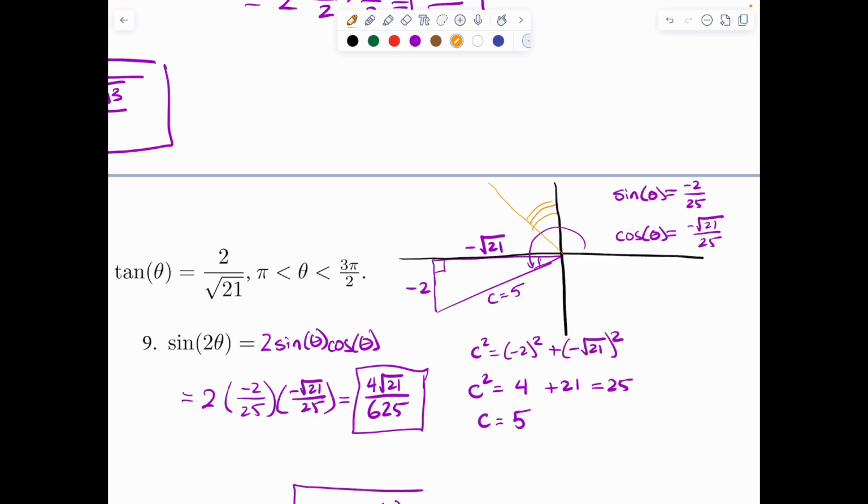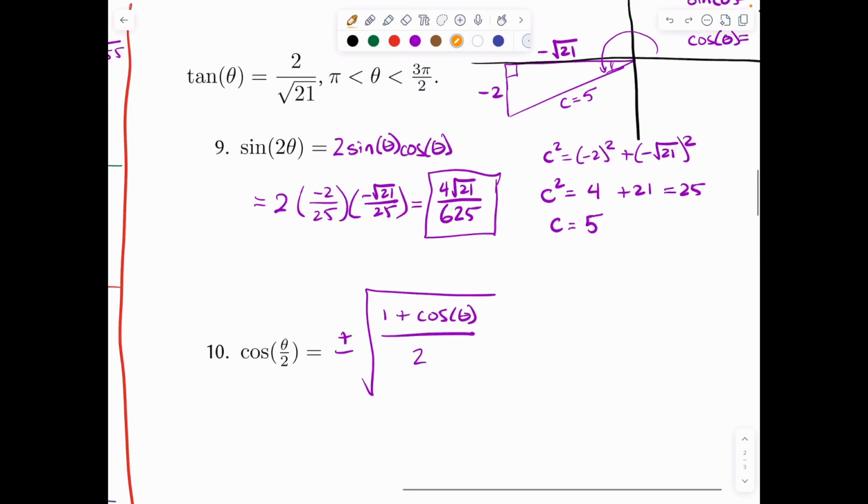You see, if you think about it, half of 270 degrees is 135, and half of 180 degrees is 90 degrees. So you're for sure going to end up somewhere in there. You're going to be in the second quadrant. So that's important because that will help me figure out if my cosine is positive or negative.